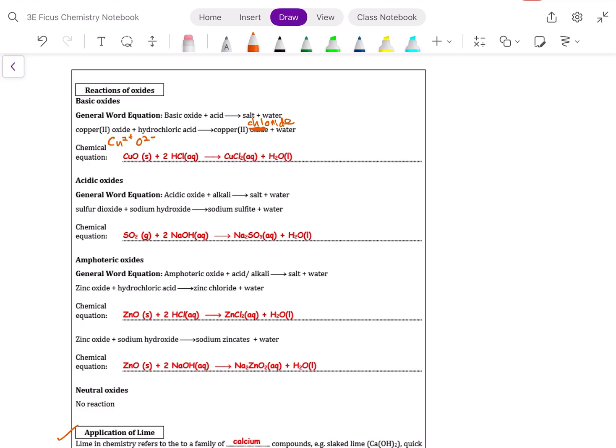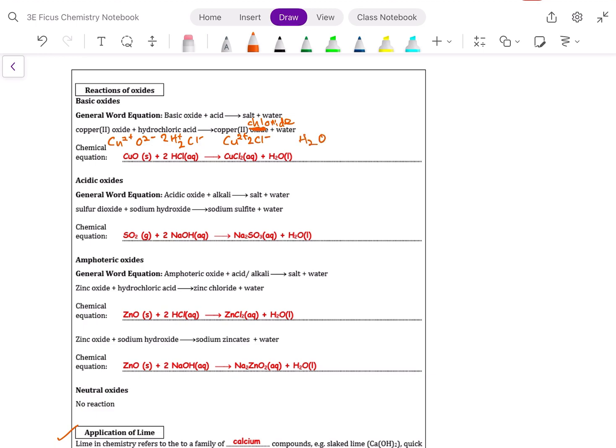Then acid is H+, and then chloride Cl-. Okay, copper 2 chloride, copper 2 again so that means the charge of copper is 2+, chloride is minus, so this one you got to do crisscross. Okay, then once the formula is formed, you realize there's 2 chloride on the right, so you need 2H+, 2Cl-.